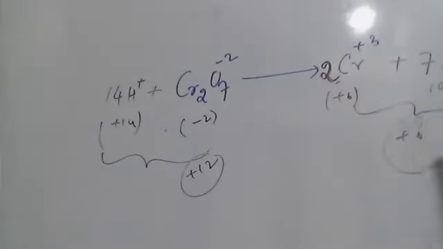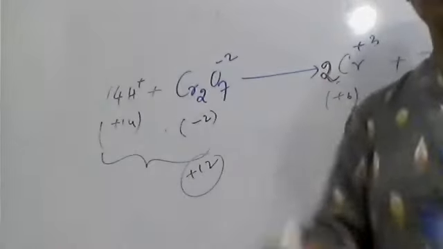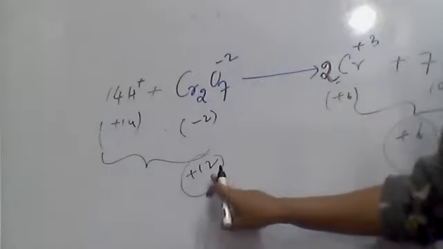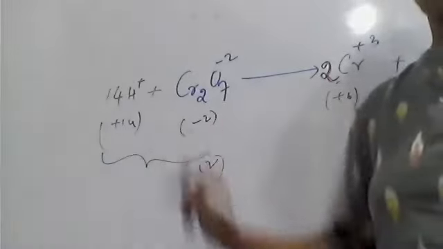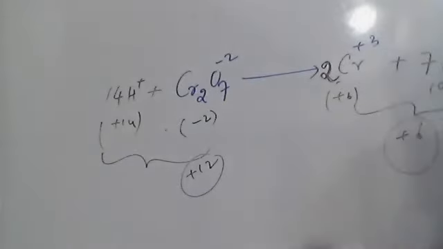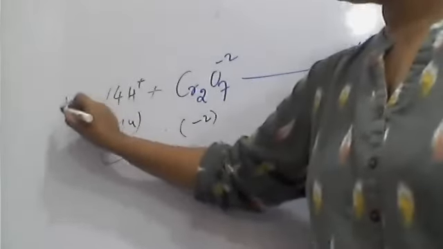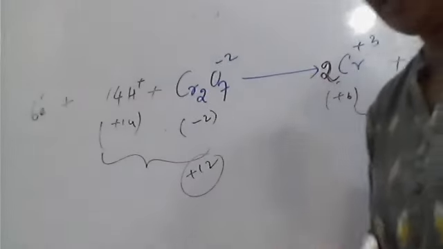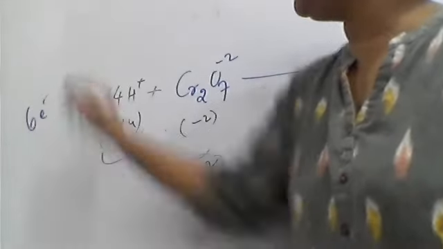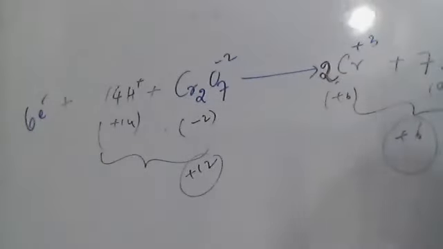It is +6. Therefore, you have to add electrons to balance the charge. Left side +12, right side +6. So where is positive charge more? Left side. How much? By 6. Therefore, add here 6 electrons to balance the equation. So in this way, the half reaction is balanced.